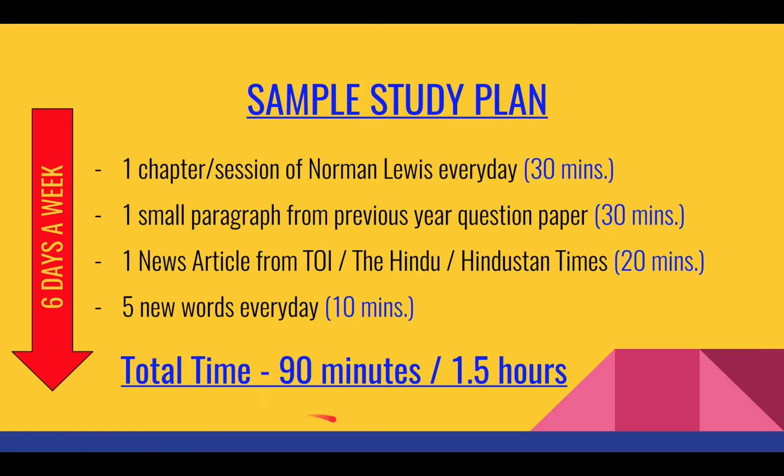So the total time that you have to devote in a day is 90 minutes. That comes to approximately 1.5 hours, right? So this activity you have to follow for 6 days a week. I am again saying this is the study plan which I used to follow when I was preparing. You can modify it accordingly as per your daily schedule, daily routine, or as per your level of understanding.